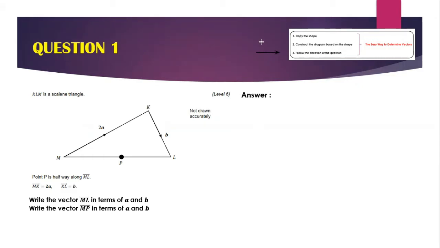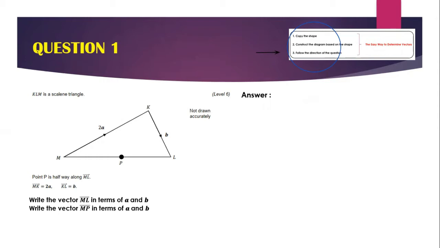Number 1, copy the shape. Number 2, construct the diagram based on the shape. And number 3, follow the direction of the question. Is it clear to you? Okay, now we go to question 1. We're going to answer this question.